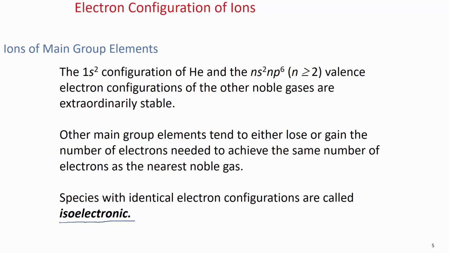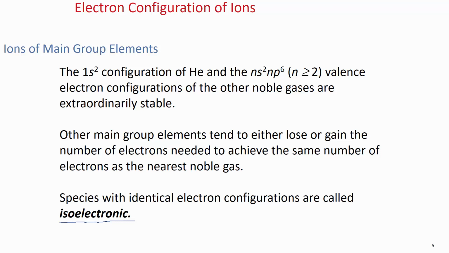And they don't really want to lose an electron because they have a high Z effective of 8 positive, and so it's hard to remove an electron from a noble gas. So noble gases are at the low of an energy well. Because they're of a lower energy, they tend to be stable.